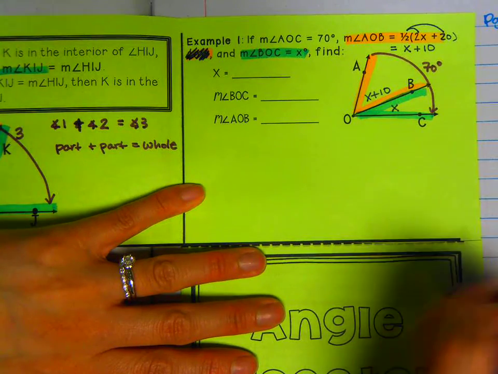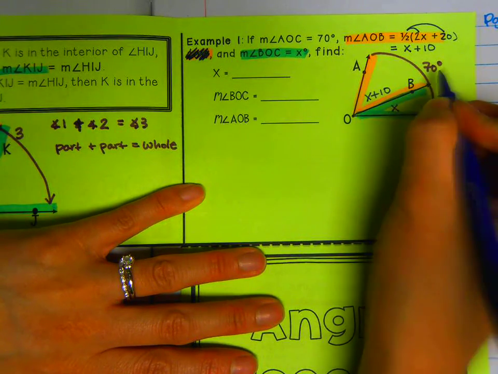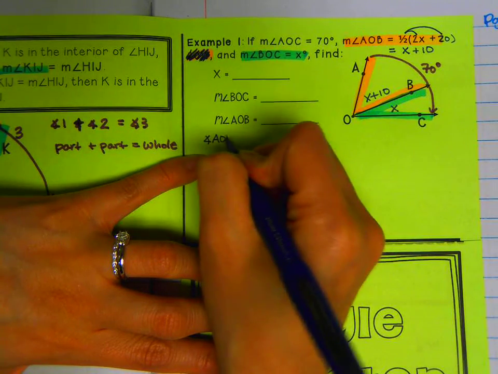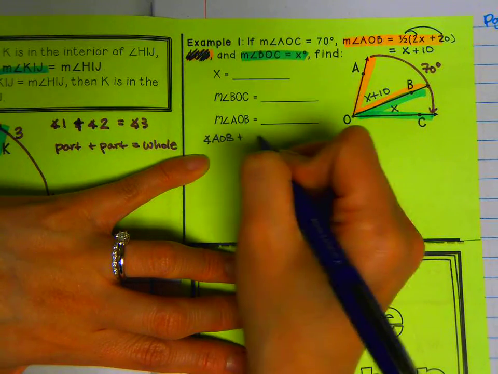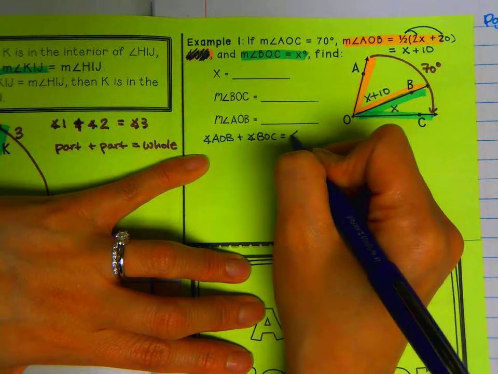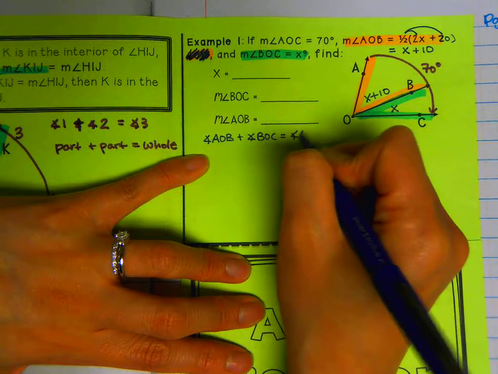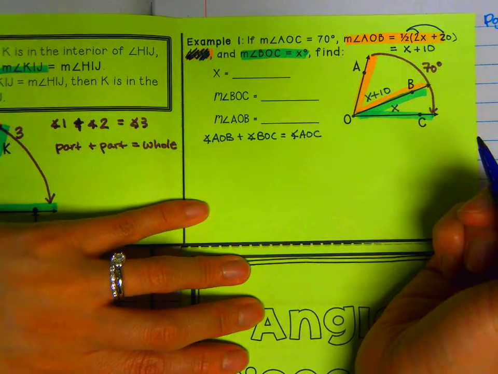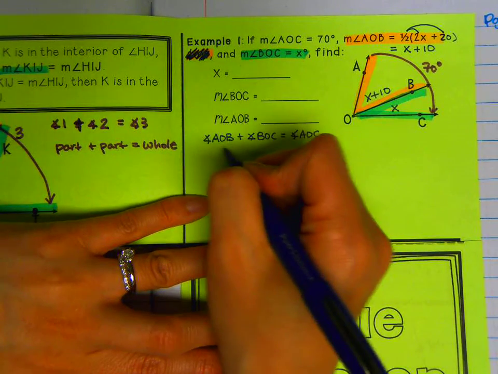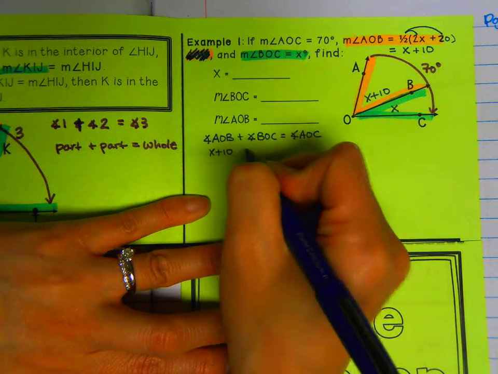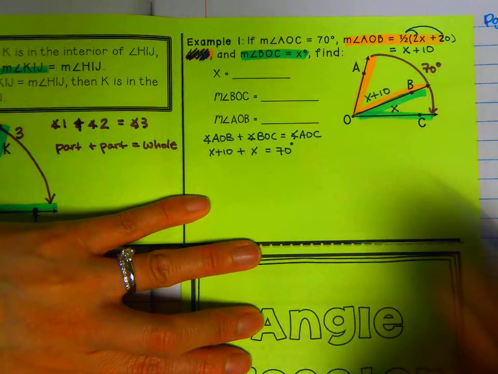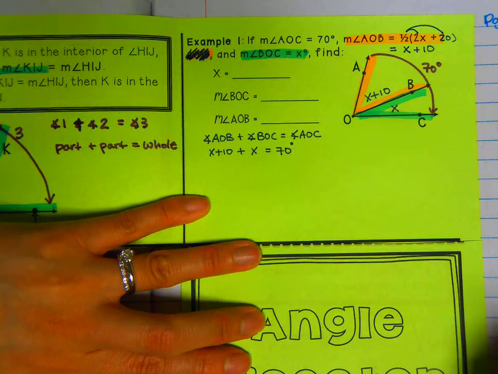The first question is to find the value of x, so we need to set up an equation. Remember, part plus part is equal to the whole, 70. So my equation would be angle AOB plus angle BOC is equal to angle AOC. That is my geometry expression. Now substitute with the algebraic expressions: AOB is x plus 10, plus BOC is x, equal to 70 degrees.